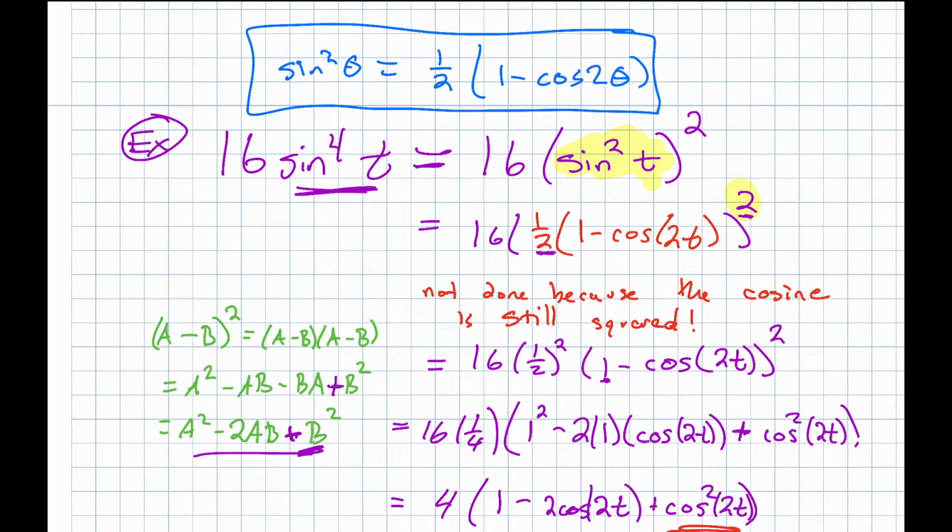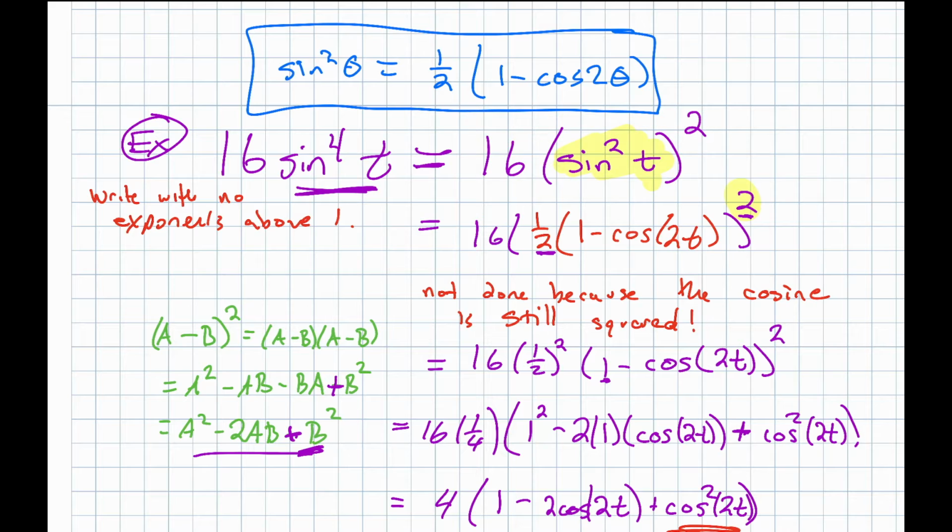And what it said was basically what I said on the previous problem: write it with no exponents above 1. So that just means using these identities.